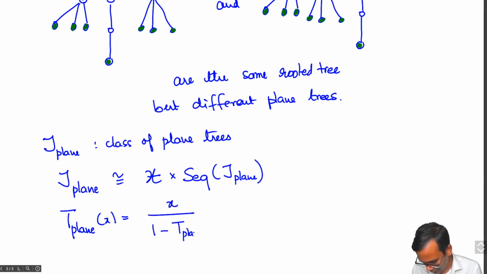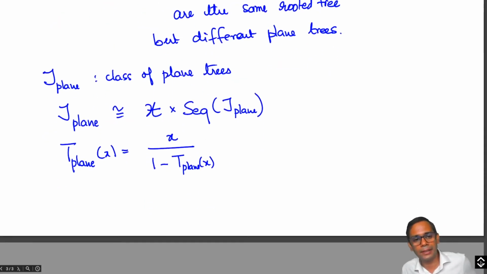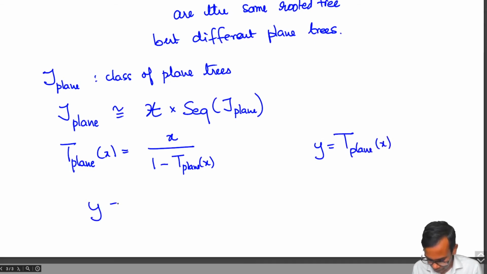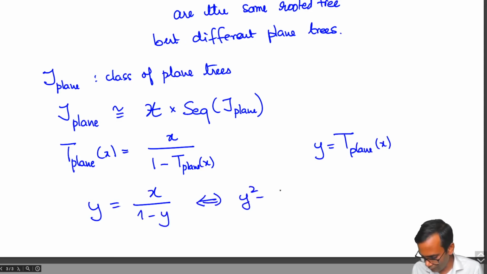T plane of x. This looks somewhat similar to the Catalan generating function, which had a certain recurrence relation. If I call this y, then what we see is y is equal to x over 1 minus y, which is the same as saying that y squared minus y plus x is equal to 0.